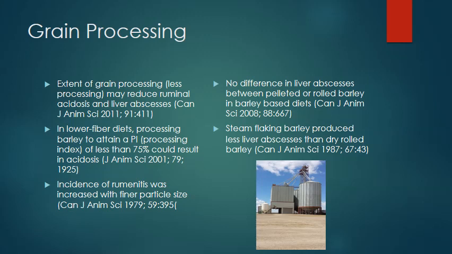In another study with finer particle size, there was an increased risk of ruminitis. One study that actually looked at liver abscesses found no difference whether they fed a pelleted or a rolled barley in a barley-based diet. Steam flaking or tempering barley did produce more liver abscesses than dry rolled barley.